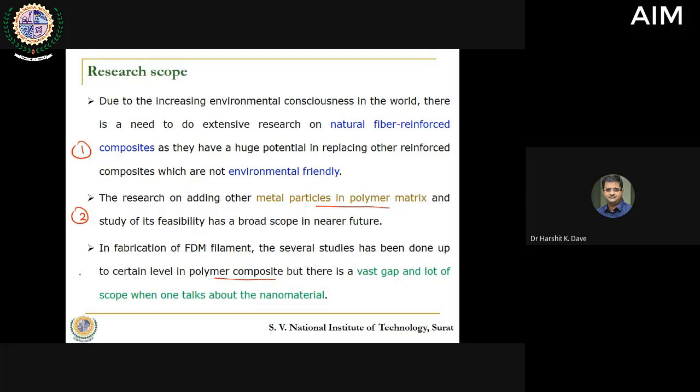But very large scale research is going on in different places. So in a few months or maybe 1 or 2 years of time, these research scopes will vanish. New research scopes will have to be thought of, but as of date, I feel that there is a scope to work in this area.